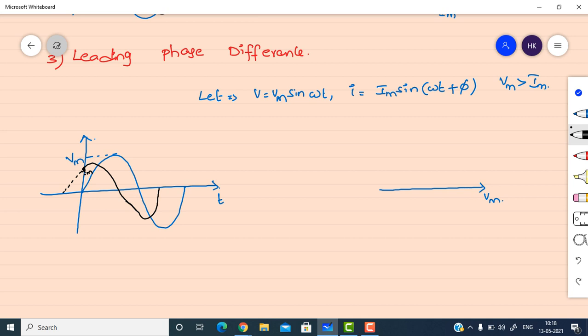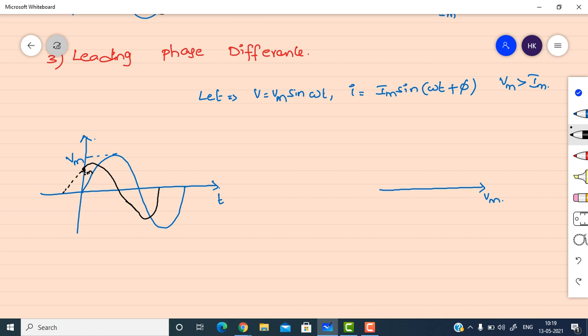So the current is Im sin(omega t plus phi). This plus sign indicates that it is leading nature, or on the positive side you have to start the waveform. Negative means on the negative side you have to start the waveform. So this is the leading waveform representation.